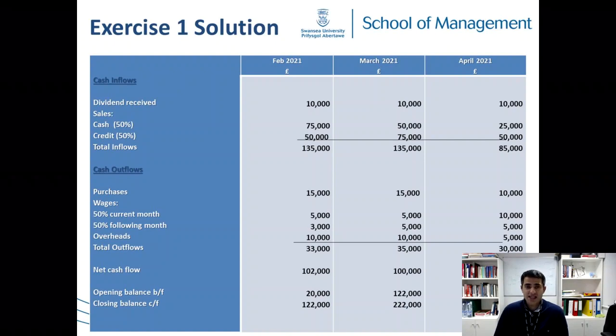So this business will have 277,000 pounds in their bank account as a positive number. That's exactly what it means.